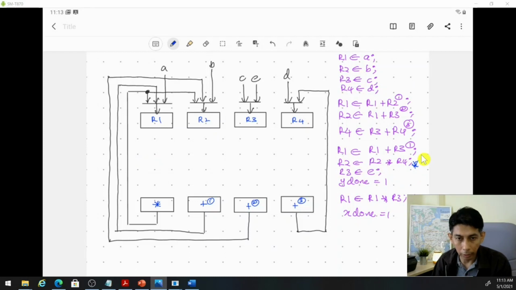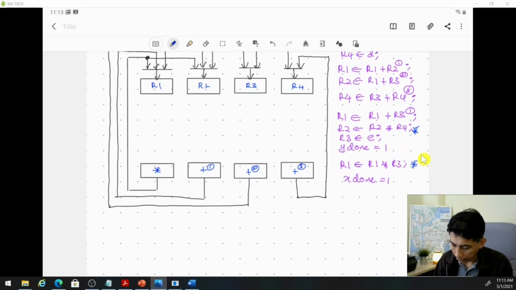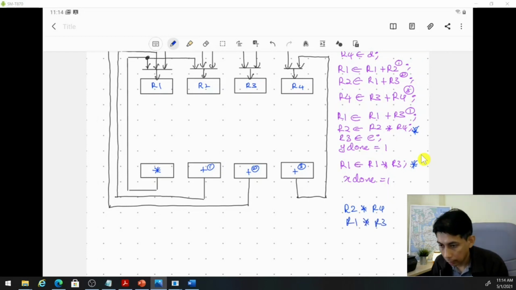If you look at this, this is R2 and R4, or we can write R2 multiplied by R4, and also this one R1 multiplied by R3. All right.